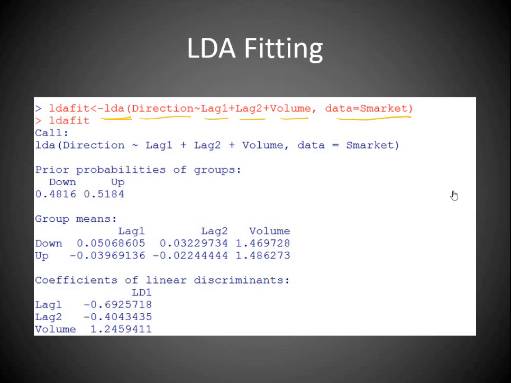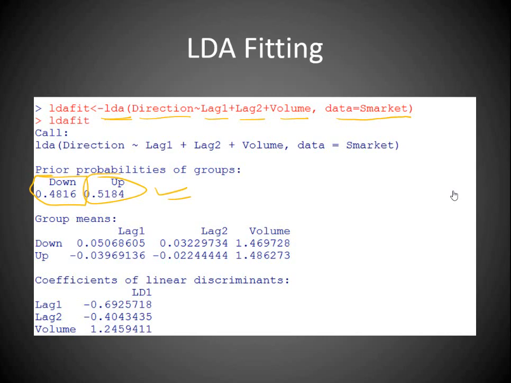When you run this code, you will get an output like this. You will get the prior probability of groups, as I have already demonstrated. A prior probability is nothing but the percentage of down in the population and percentage of up in the population, which are simple things to count. And then there are group means.